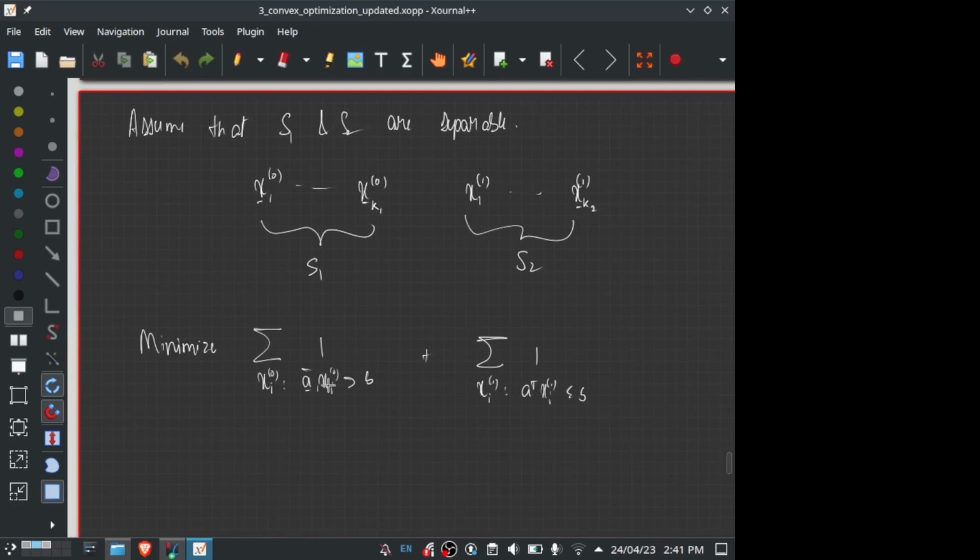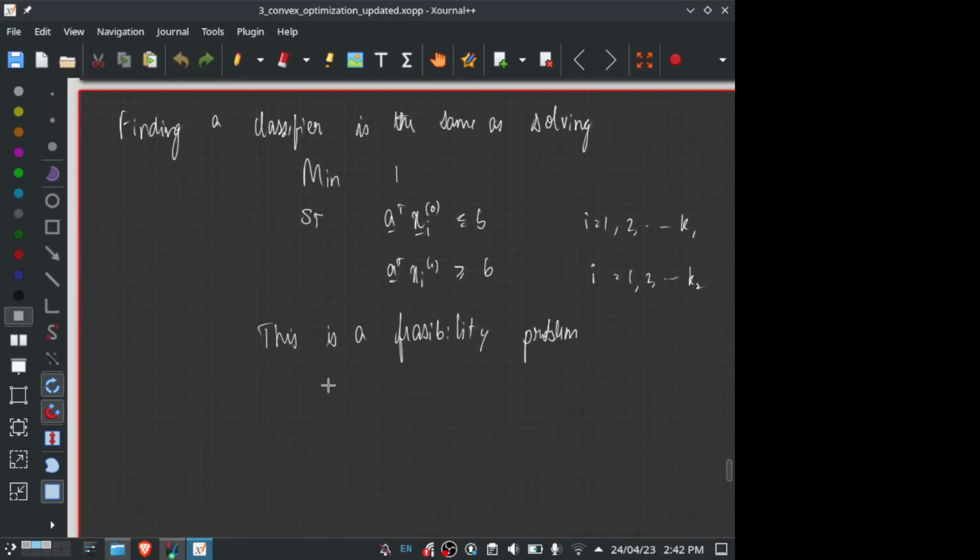So far we've been assuming that S1 and S2, the two subsets, are separable. So no matter what happens, there exists a hyperplane that separates the two sets, that is, they are linearly separable. And we saw that in general, finding a classifier is essentially the same as solving a feasibility problem.